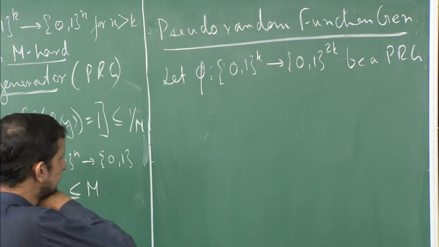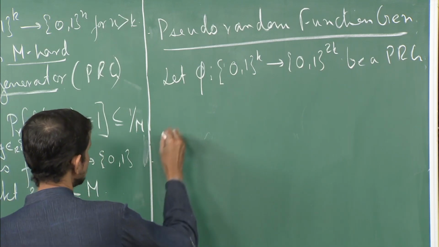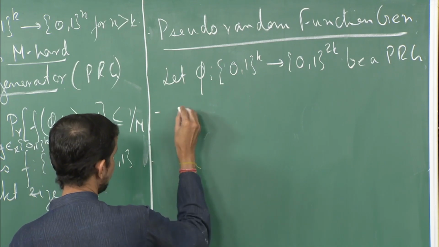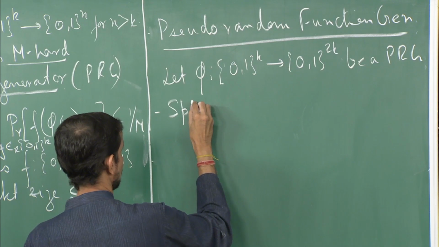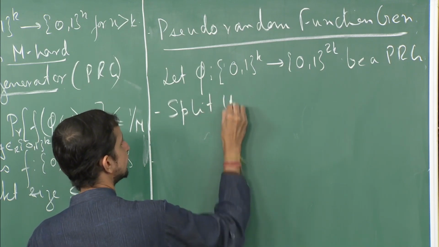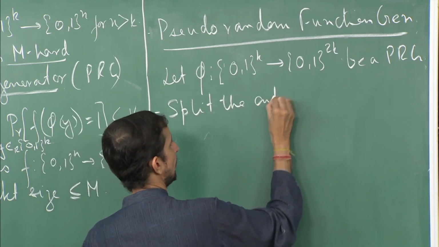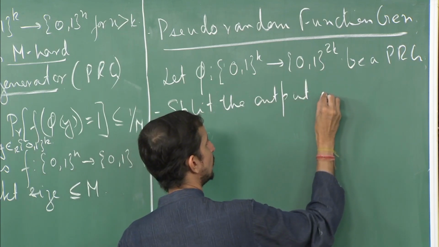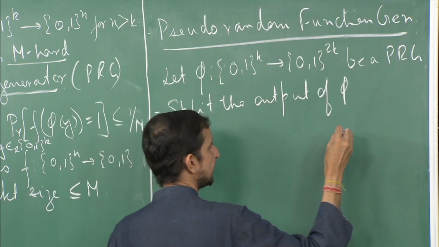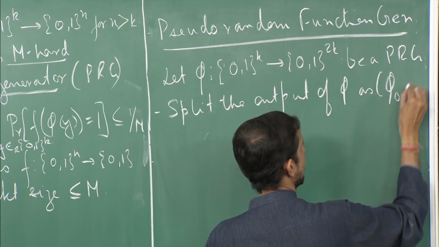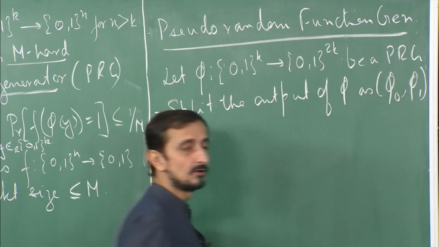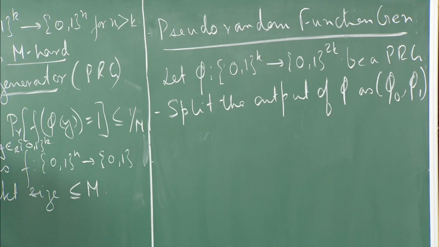So how do we generate the function? We'll generate the function as follows. We will split the output of phi as phi 0, phi 1.